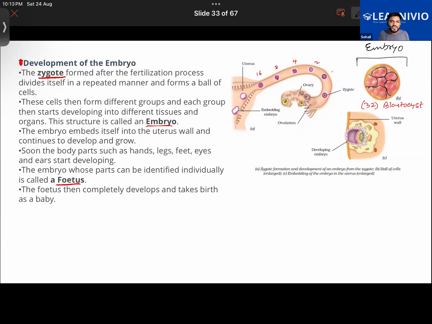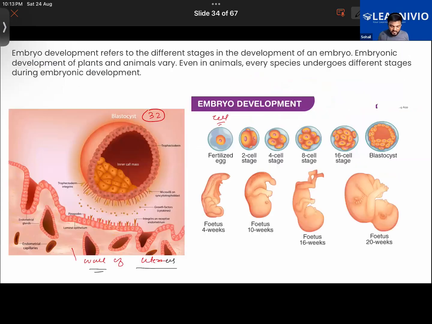That stage of the development of the child is called the embryo. The embryo will embed itself into the wall of the uterus, and after attaching itself to the wall of the uterus, it will start to receive all the nourishment from the mother, and hence will start to grow.